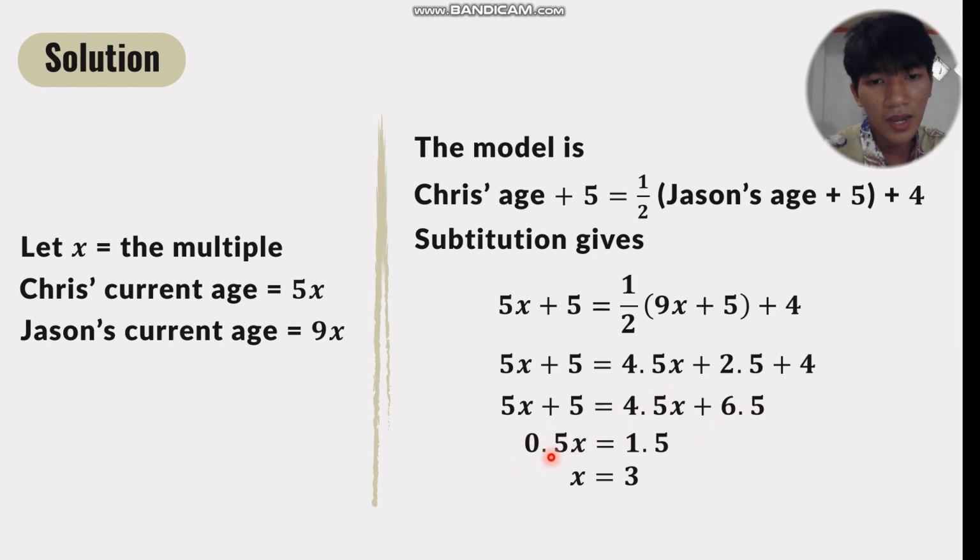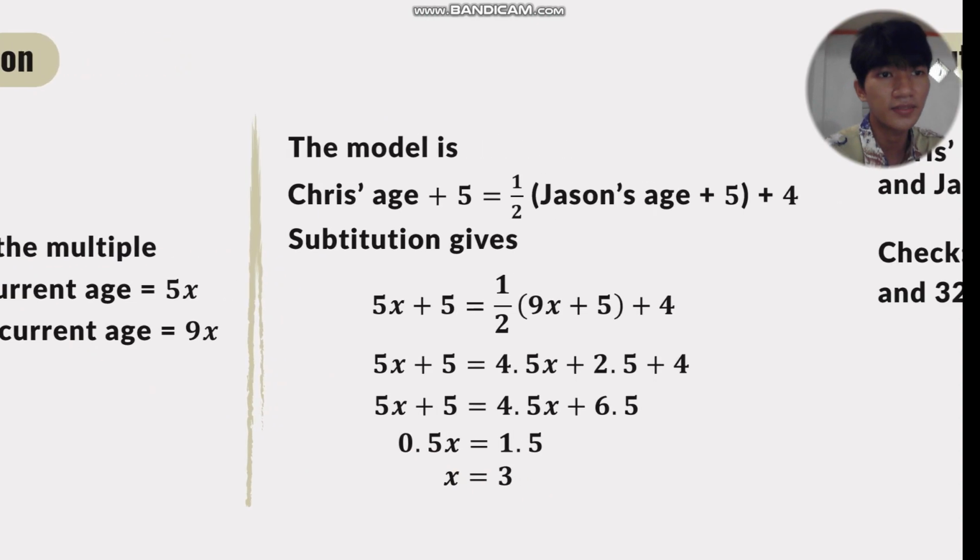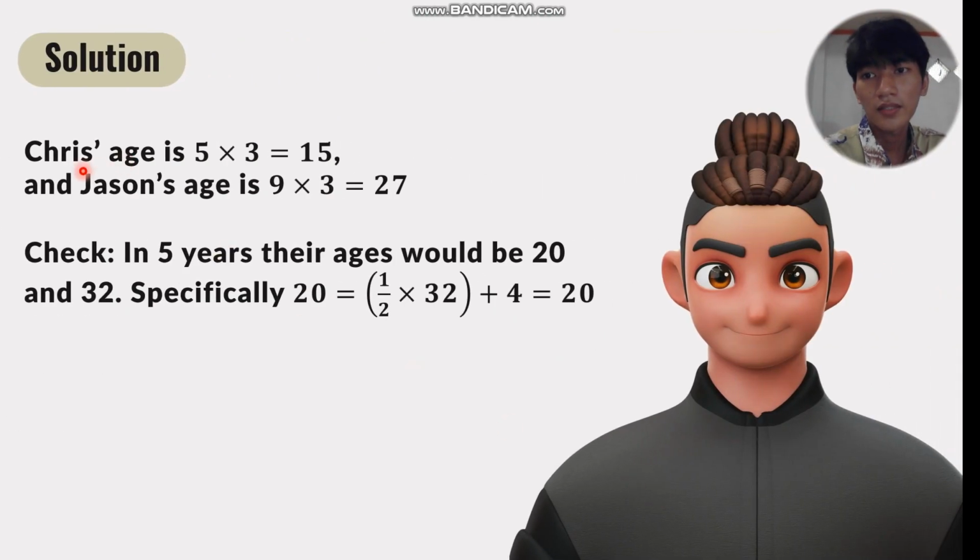And this we have 0.5x equals 1.5. So the value of x is 3. In the calculation, the value of the multiple is 3. And Chris's age will be 5 times 3 equals 15.